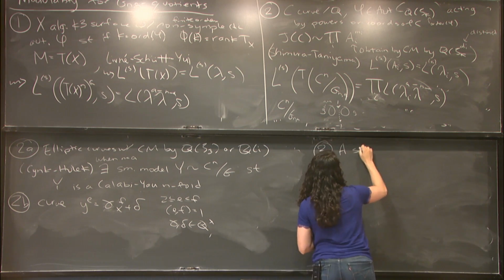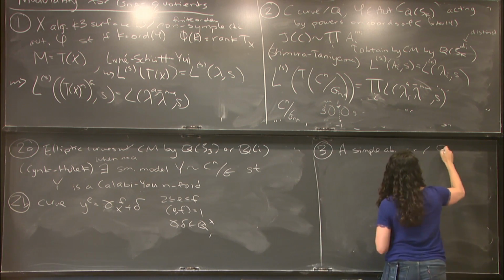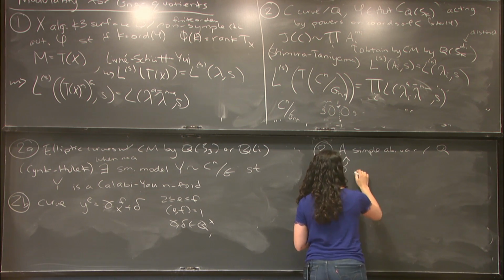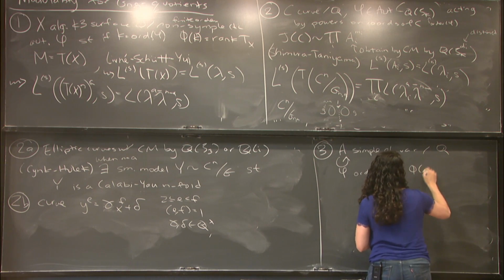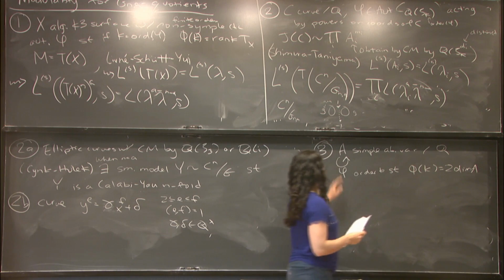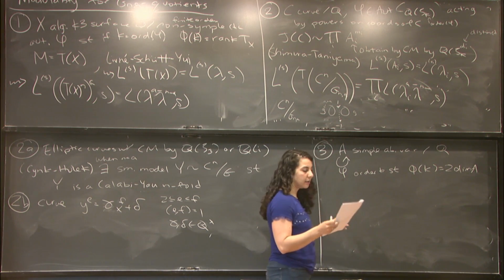Let's say we have some simple abelian variety A over Q with an automorphism phi of order K, such that phi of K is twice the dimension of A. So A has CM induced by this phi.